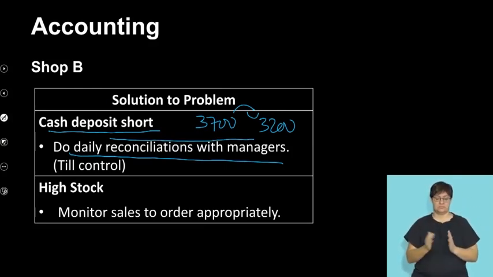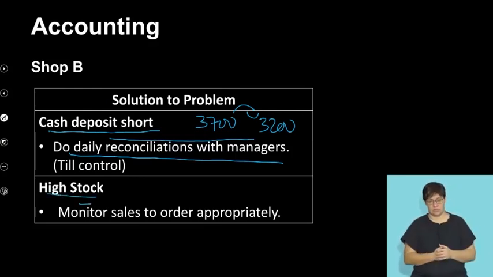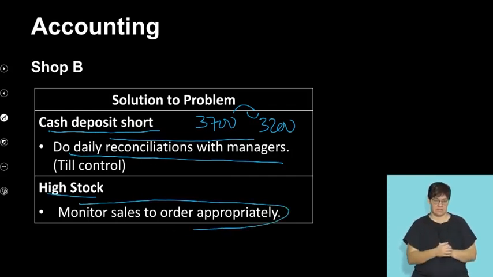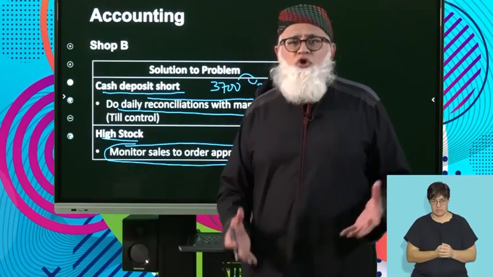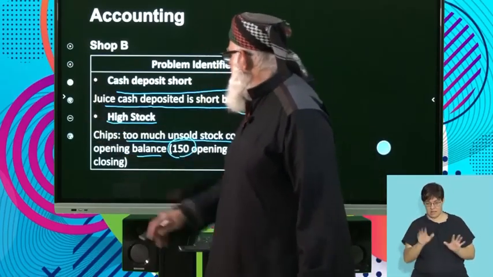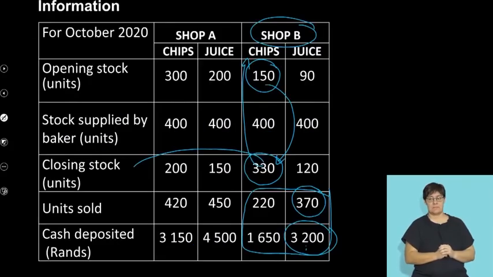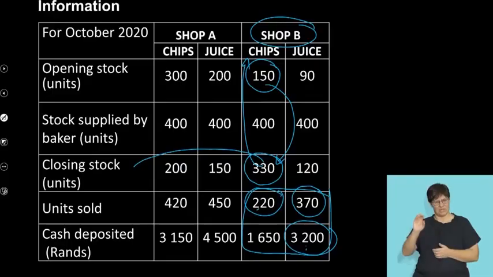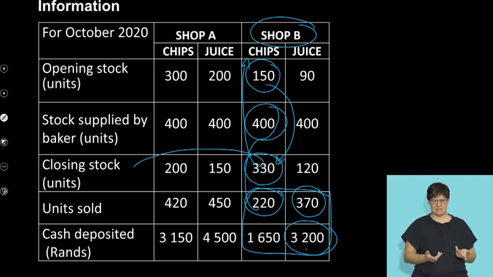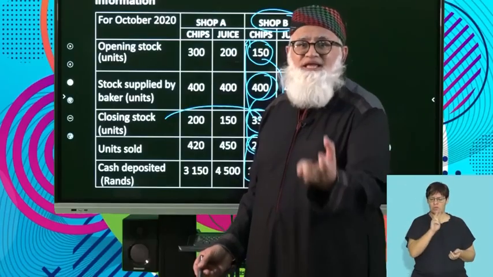The next item or the next challenge that we had was the high stock. Remember, monitor your sales in order to order appropriately. Obviously, you look at the sales of the branch, right? You look at the sales of the branch. Here you go. You're only selling 220 units. If you are selling 220 units, does it make sense to order 400? Certainly not. You're only selling 220.